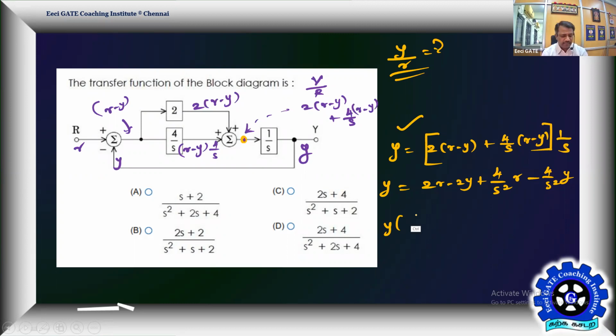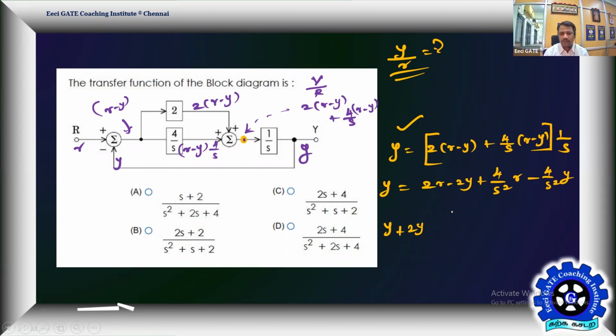So first let me write this way. Y is equal to the sum of these two signals into 1 by s. Okay, r minus y.